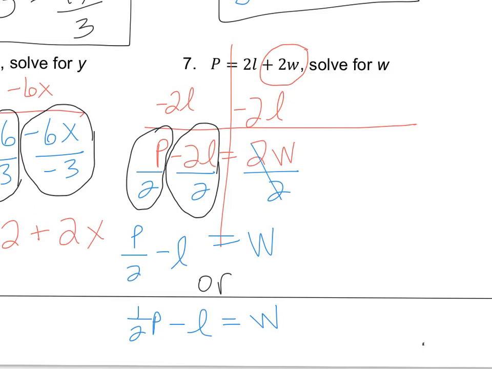It's just that your answer now has 2 variables in it instead of 1 additional variable. The other thing is I wrote the answer 2 ways. I wrote it as p over 2, and I also wrote it as 1/2 p. If you look at the equivalent poster we have up above the number line in the classroom, study that equivalency and make sure you understand why those are the exact same thing.